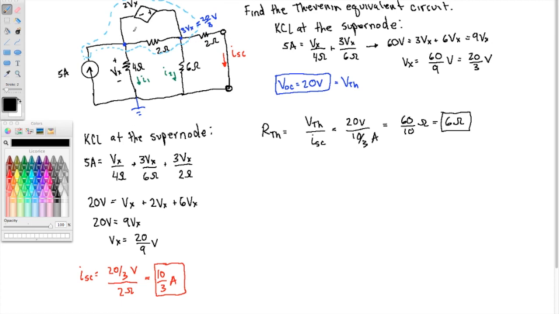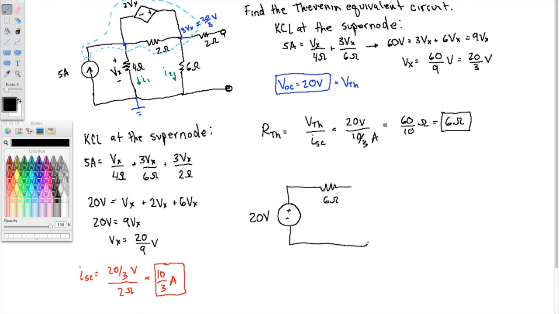Alright, so the Thevenin equivalent circuit now. Let me go back to the original picture. I'll erase the short circuit. Okay, so here is our original picture, and its Thevenin equivalent circuit looks like this: 20 volts, 6 ohms.